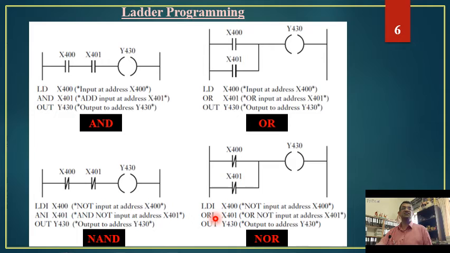Again I stands for normally closed, and this is connected at an address of X401. And finally the output is at Y430. So these are a few examples of writing instruction sets for ladder programming.